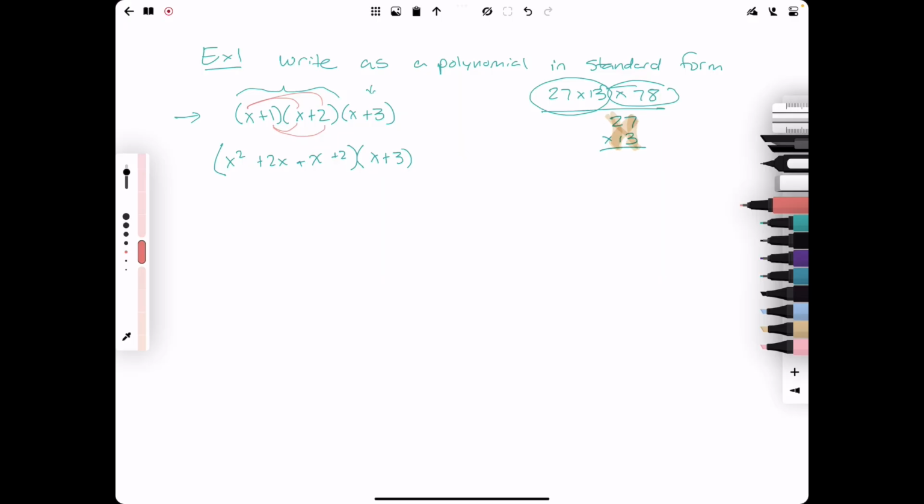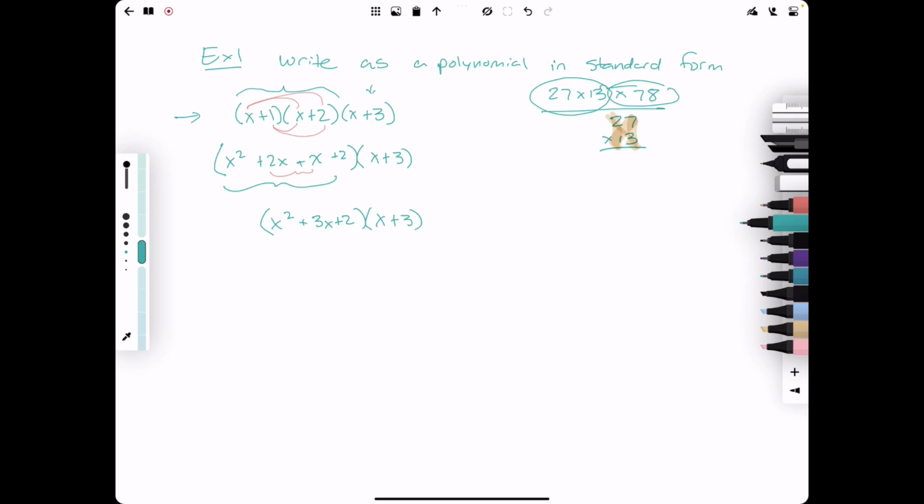Personally, it doesn't really matter which way you go. I like to go from the binomial here, but we need to combine these two also. So if I simplify this one first, it's x squared plus 3x plus 2, right? And that's still times x plus 3.